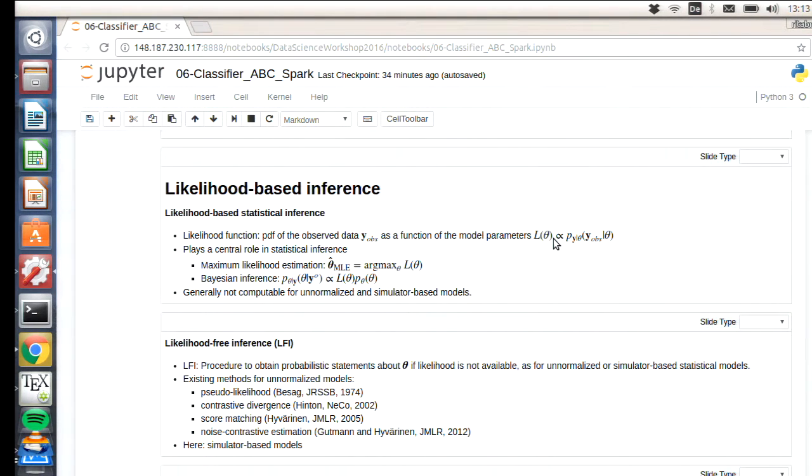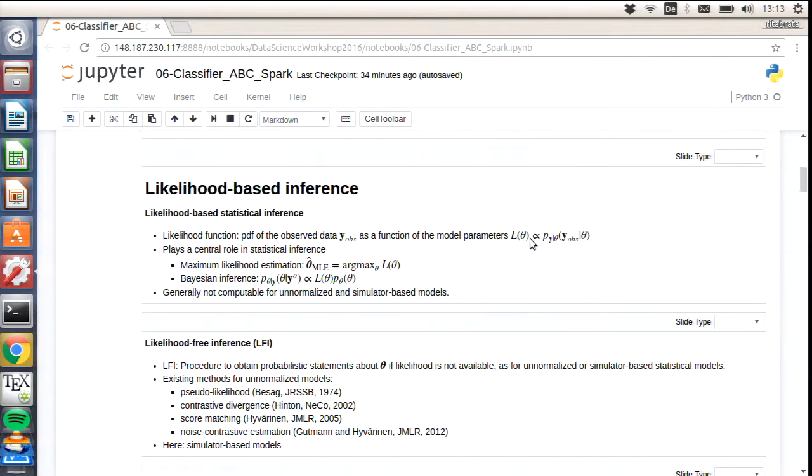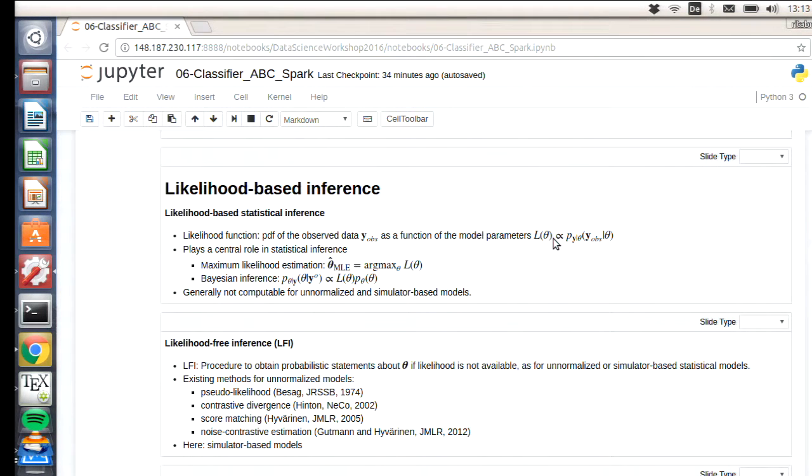This is called the likelihood function, and it captures the information in the data set about the parameter theta. The only thing you have is the y-obs, or the observed data set, and you want to learn about the parameter from it. Everything is captured in the likelihood function L theta, and this is proportional to this thing.